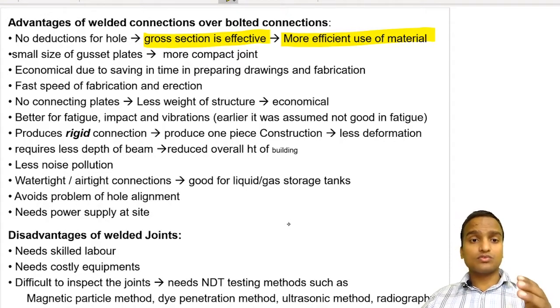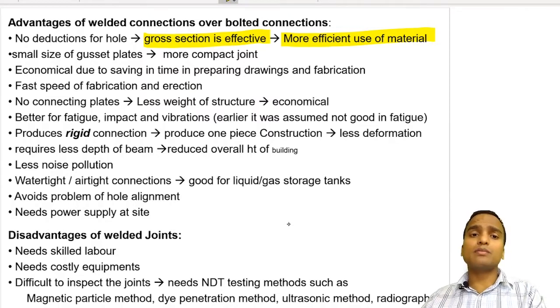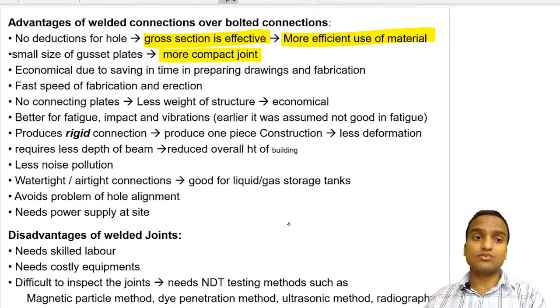We can use small gusset plates. Even a smaller sectional area will be sufficient for carrying the external loads, and the joint will be more compact, as per our assumption that welded joints are rigid joints. They are also economical due to time saving in preparing drawings and fabrication.